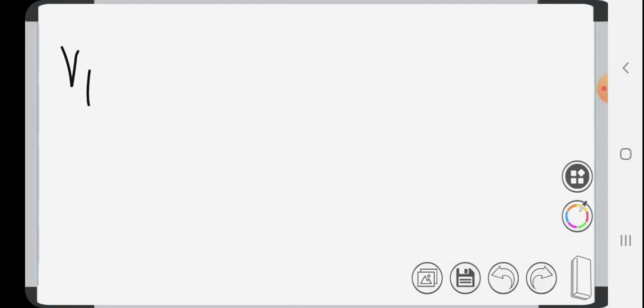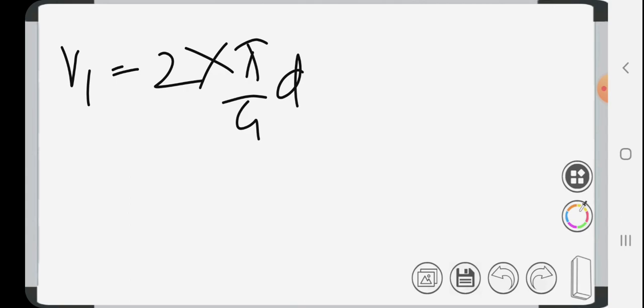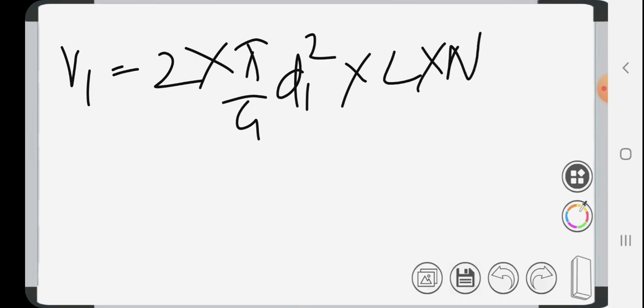So V1 will be obtained as 2, since it is given double acting, into bore dia D1 square into pi by 4, which gives bore area, into stroke length L into N. N is given.